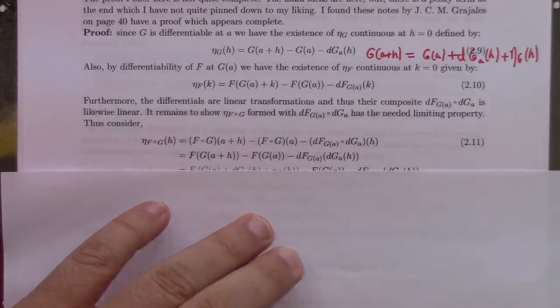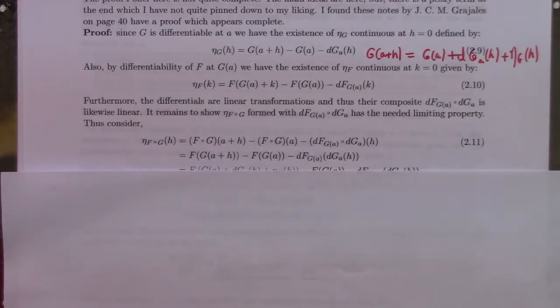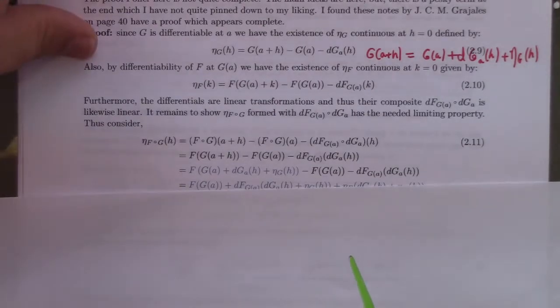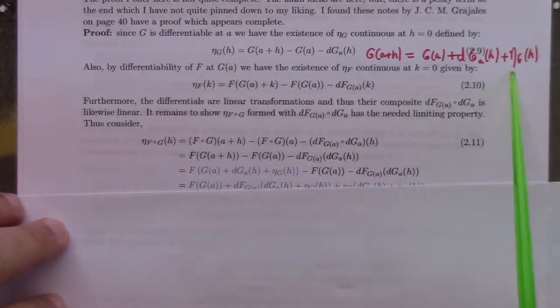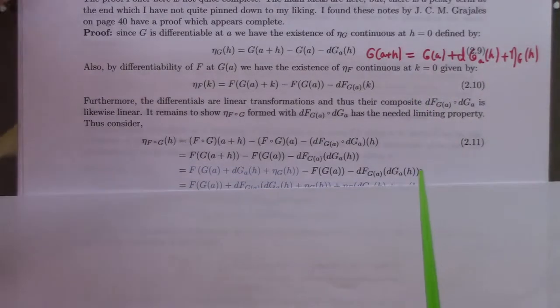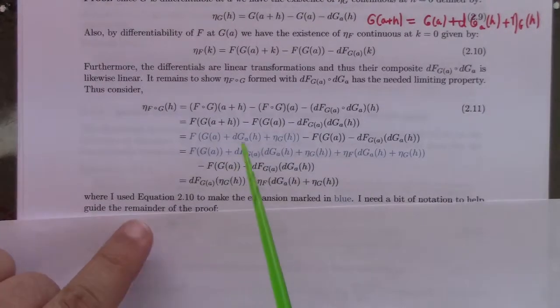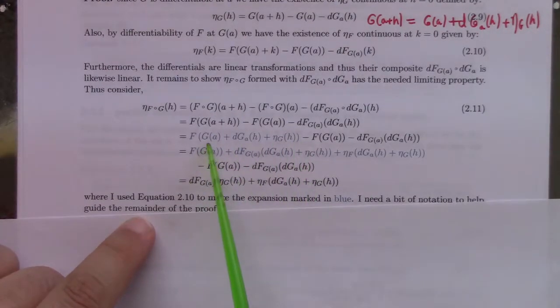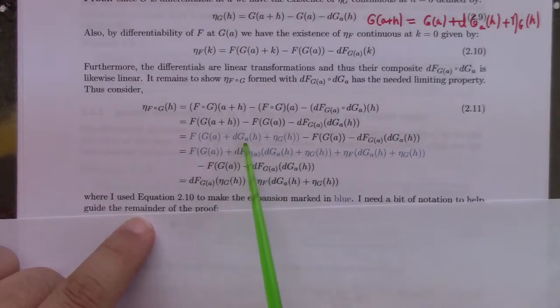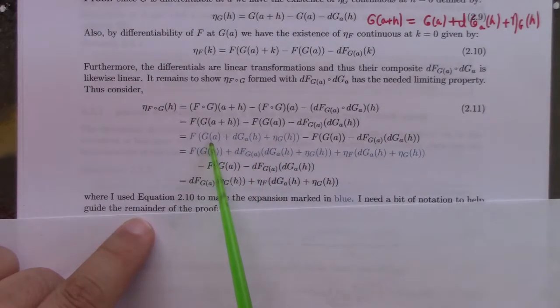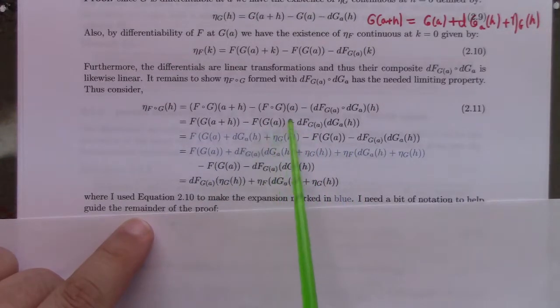You can solve that for g of a plus h, and you can exchange g of a plus h for g of a, dg_a of h, and this eta sub g of h. All right, which is nice because we have explicit limiting properties for these. And so, with that in mind, I replace g of a plus h with its corresponding expression in terms of the eta and its differential and its fixed value at g of a. And then, of course, I still have minus f of g of a and this differential.